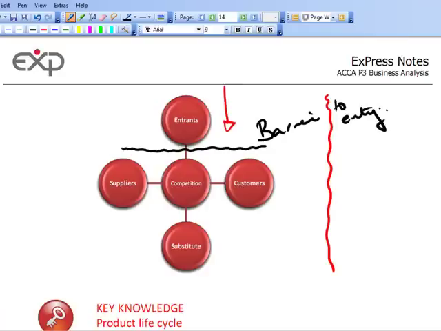What's the barrier to entry there? Well, economies of scale. It's a billion dollar industry, a $1 billion project. You've got to be able to have the economies of scale to be able to manufacture sufficient planes to be able to sell to make it worth your while. That's the barrier to entry.